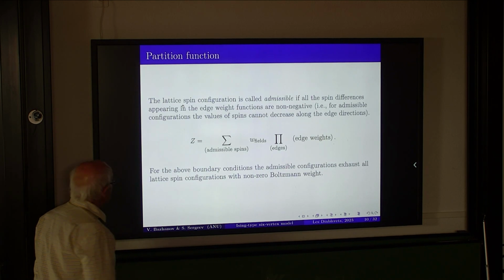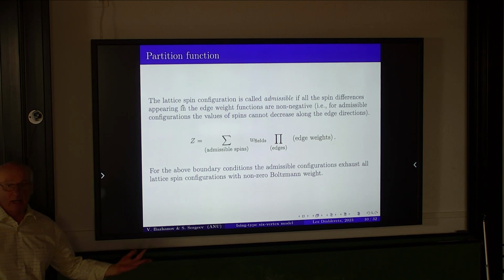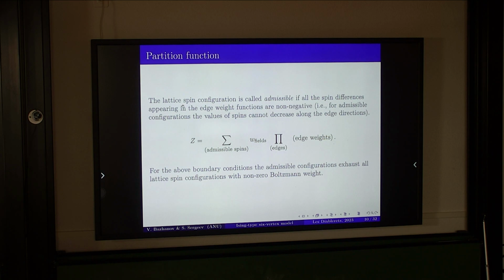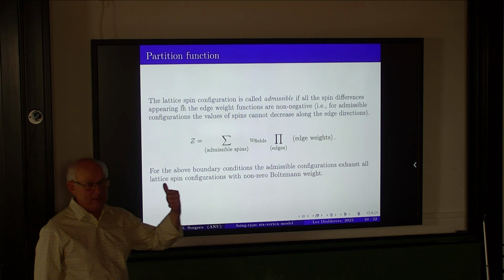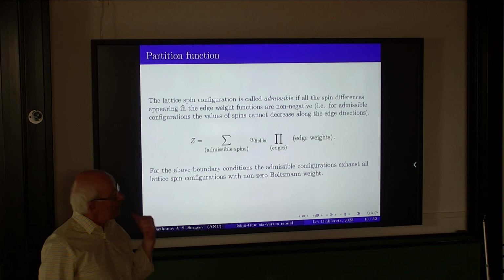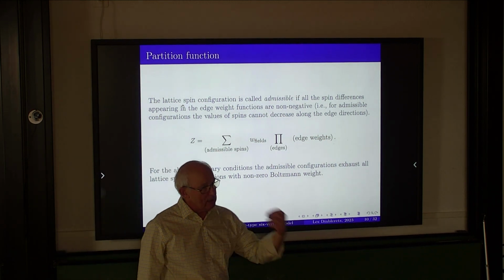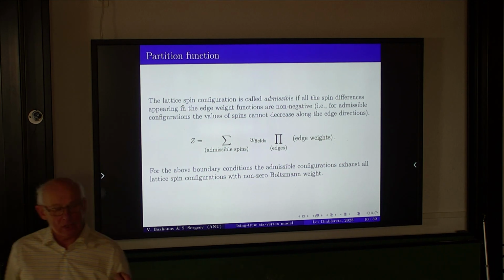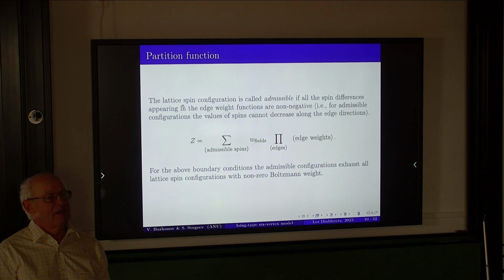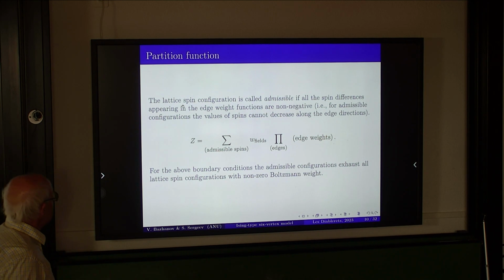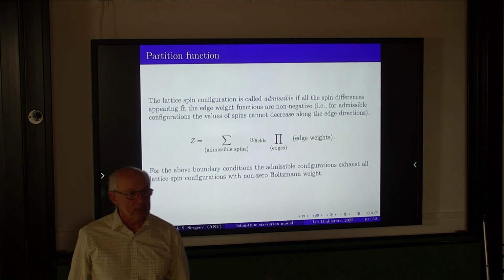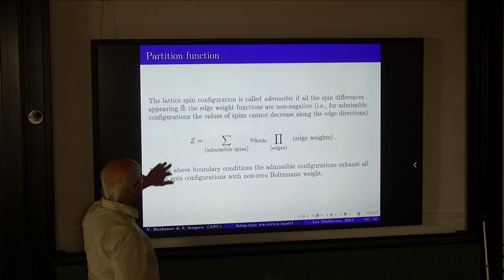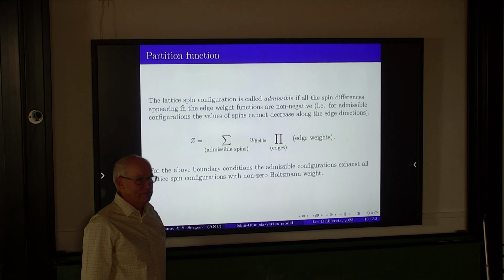The partition function is the sum over all spin configurations, and we call them admissible if all spin differences are non-negative. It's a complicated calculation. You really realize this vanishing condition, and you can exhaust all configurations, and these admissible configurations are the only configurations which have non-zero Boltzmann weights.